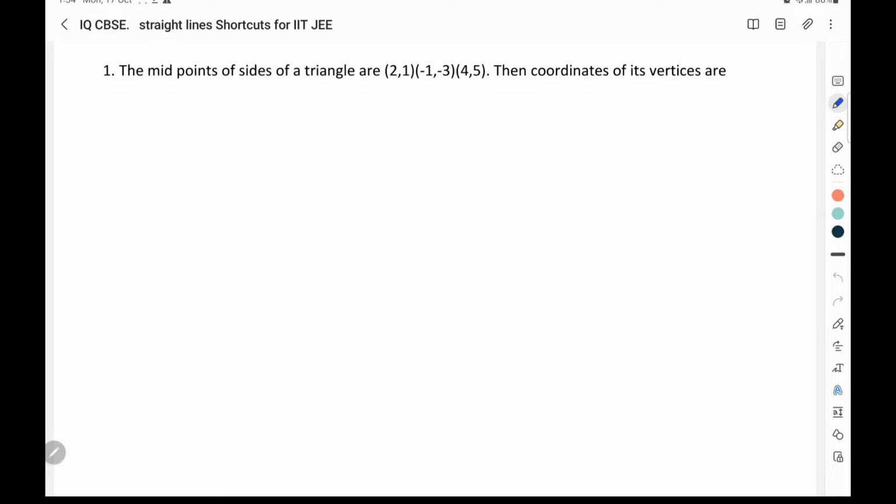Let's get started. Before starting this question, here a triangle ABC is given, and in this P, Q, R are midpoints of sides of the triangle.